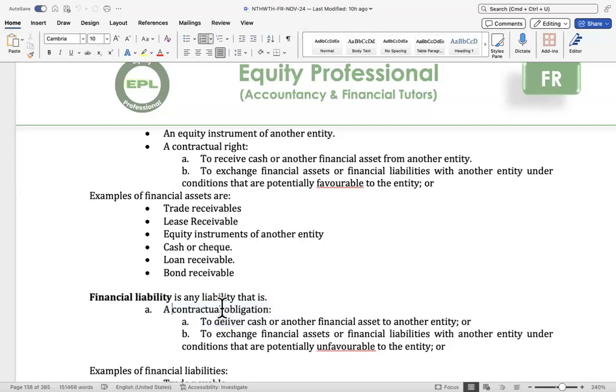Even though there is a legal obligation, it is not a contractual obligation. So tax liability is not a financial liability. It's just tax liability, and it's to be presented in line with IAS 12. There's a standard for that. So that was what we have mentioned so far.